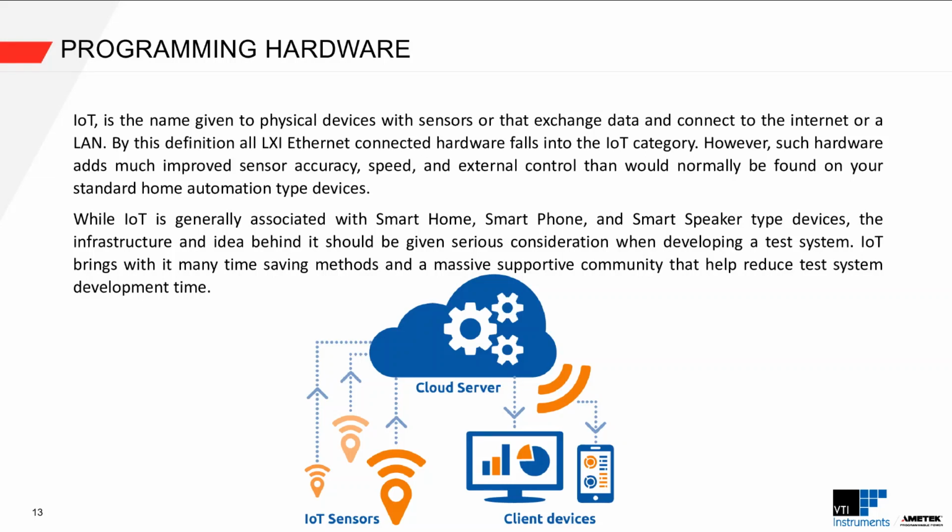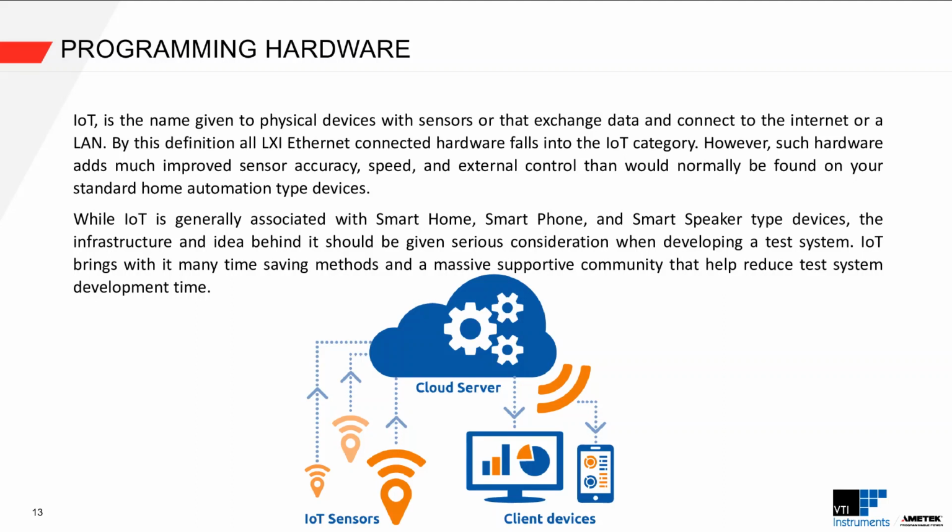However, unlike your normal gadget-based IoT, this sort of hardware, the LXI-based hardware, adds a much improved sensor accuracy, speed, and external control than you would find on standard and low-cost home automation type devices.